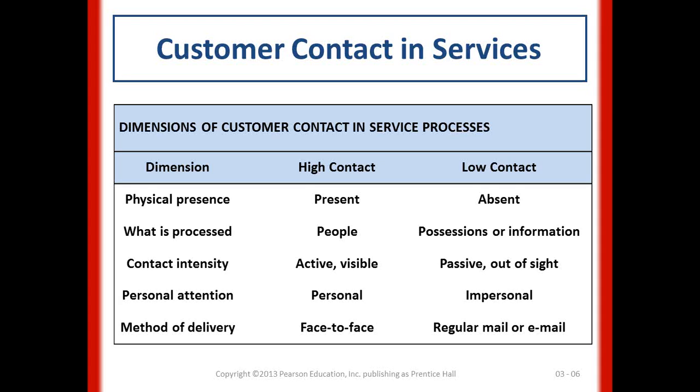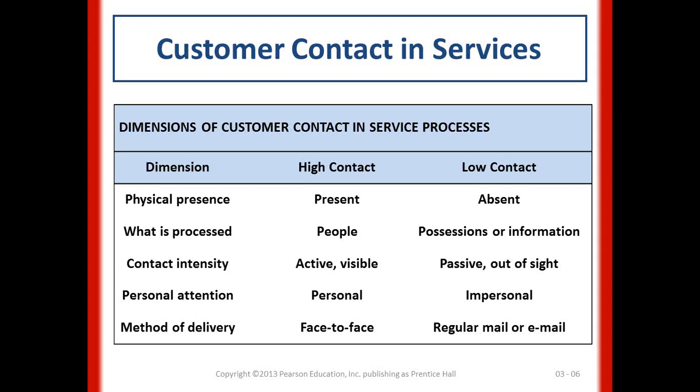What that means is you need to be not only active, but you need to be visible. For example, I've been to restaurants where, for customer service, they've put a glass window between where the customers are eating and where the food is being made. So even though the customer is sitting and eating, they can see how the food is being made. That is an active and visible example, if you may.